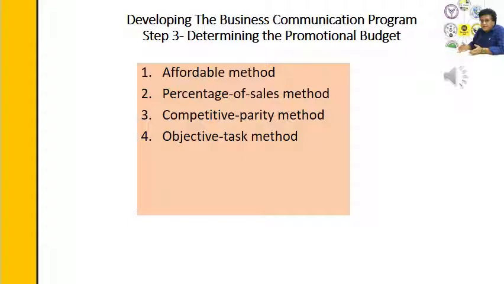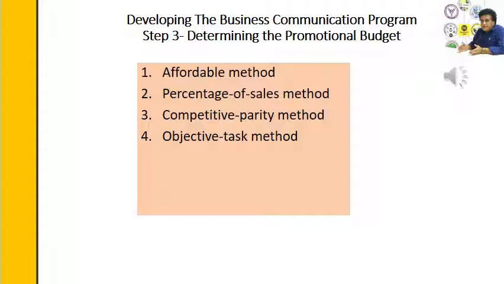If the company has had no promotion budget in the past, and it is a 100 crore turnover company and the company says we can afford a promotion budget of only 1 crore, which is 1% of your total sale, you should be lucky to start with. This is called the affordable method.